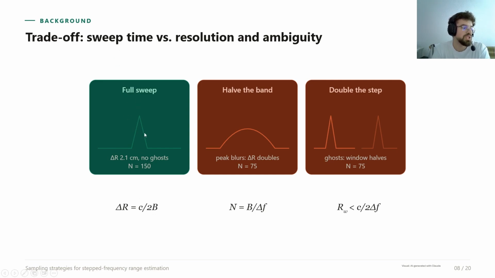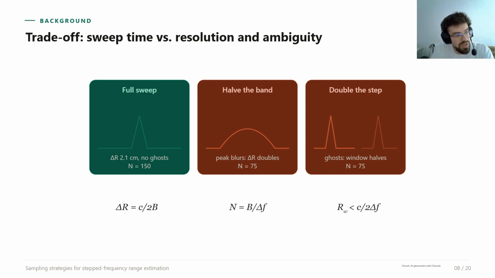And there are multiple ways of decreasing the amount of steps we're measuring. The first is very simple. We just take half of the frequencies and we use that. The problem is our bandwidth will decrease by 2 times and it's hard to distinguish between the targets.